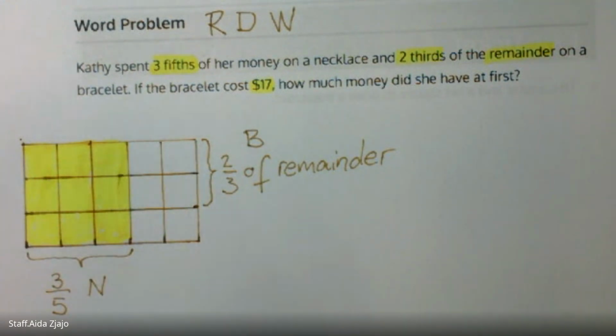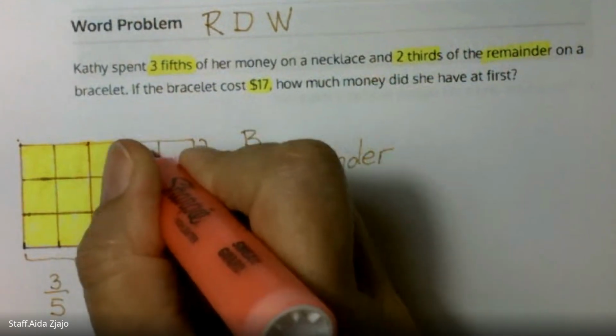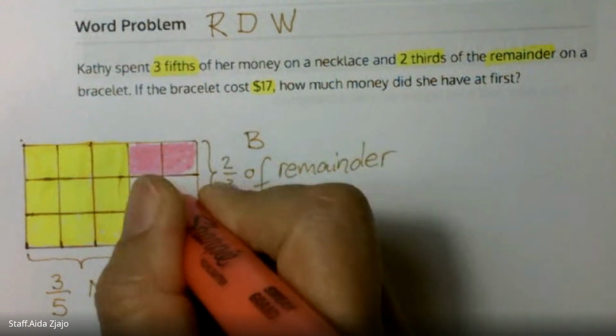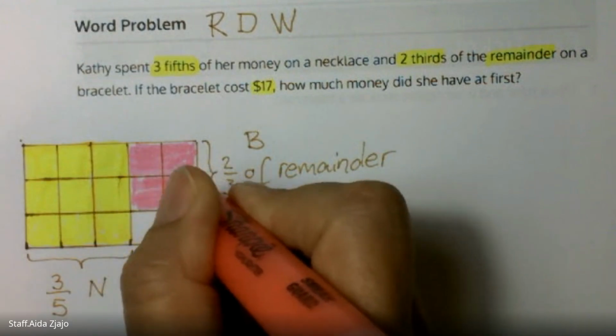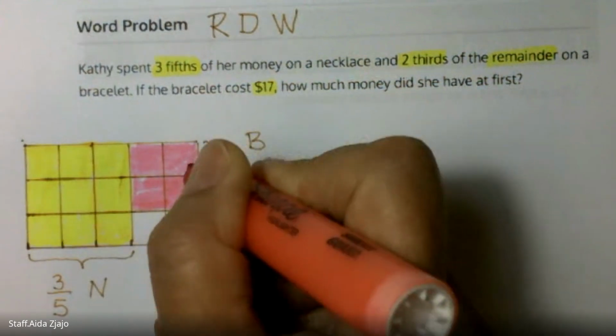I'll take pink. So this is 1/3 of the remainder, and this is another third of the remainder. We know that this pink area is actually $17.